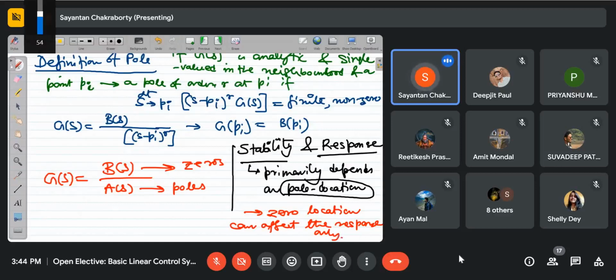More important, the stability. If the poles are on the left half of the s plane, then the system is stable. If they are on the borderline, the j omega axis, it is marginally stable. And if they are in the right half plane, that means it's an unstable system.